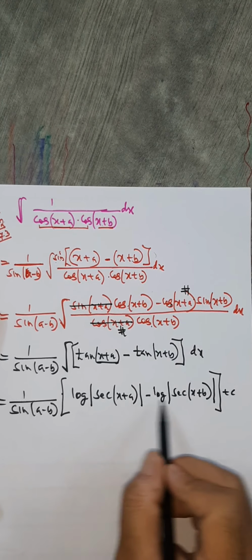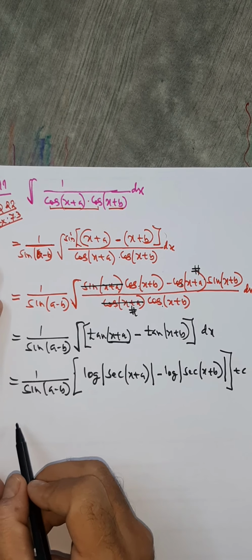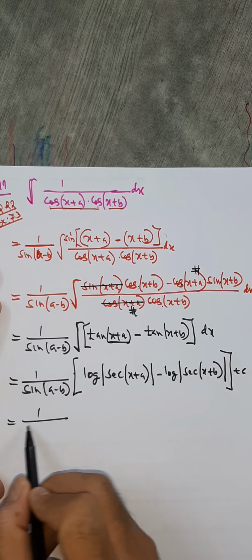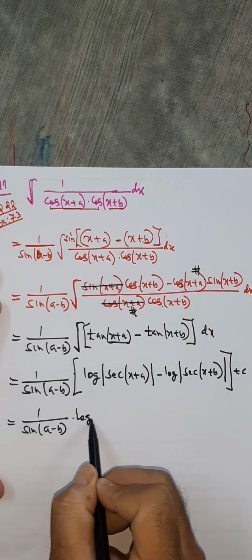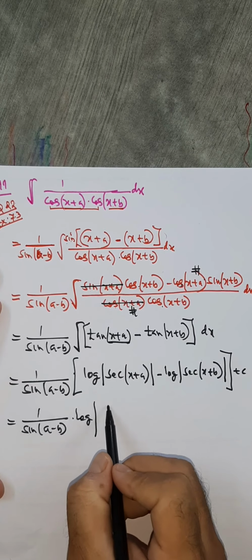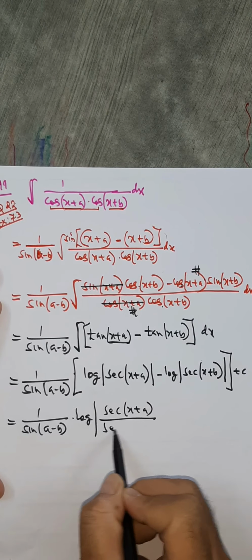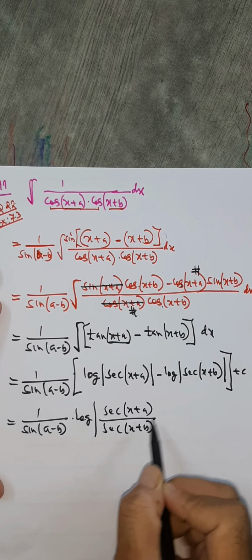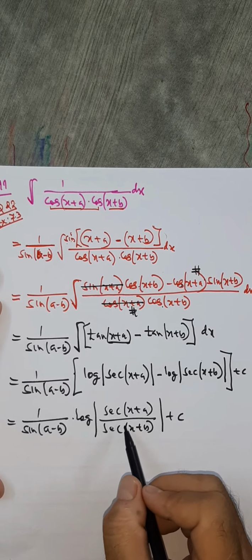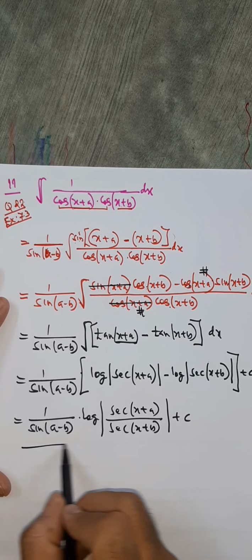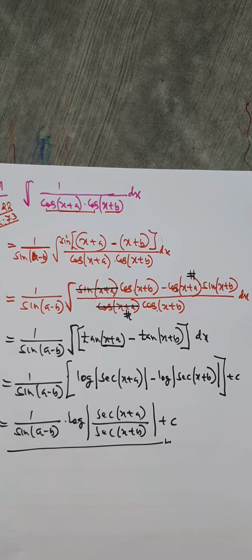And now finally you can use the property of the log function. 1 upon sine a minus b, here log of sec x plus a upon sec x plus b plus c. If you want, you can reduce in the cos also, then you just take reciprocal of this. That's not important, but here required integral is given by this.